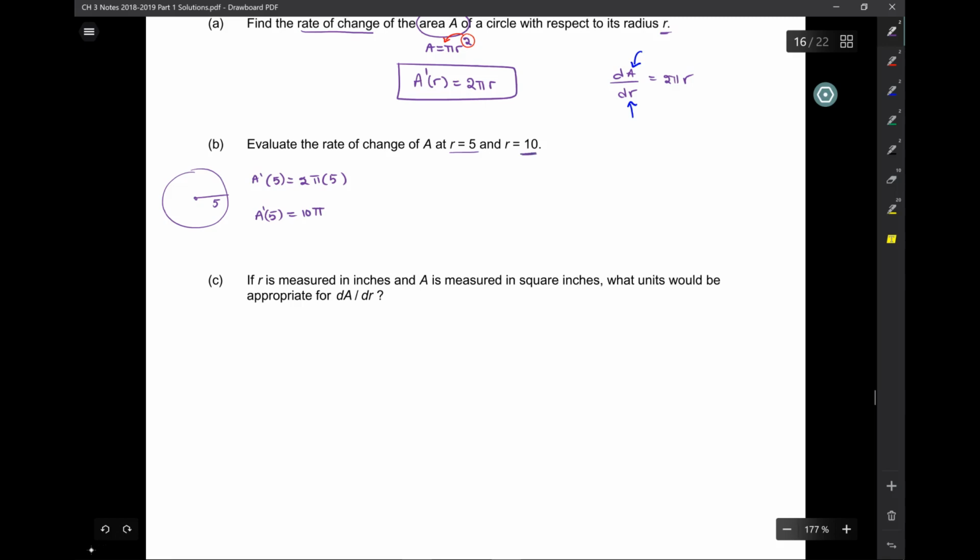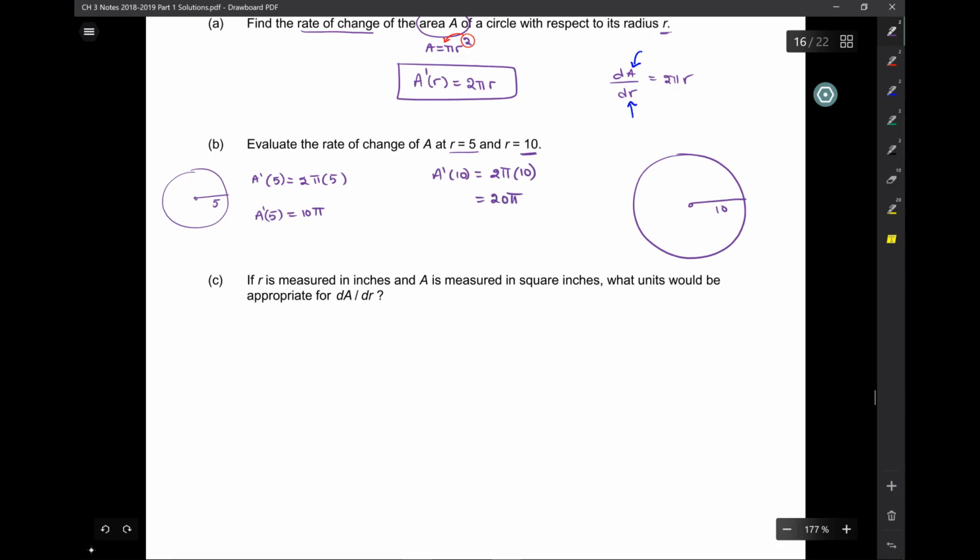And what if r is equal to 10? Now we have a bigger circle. A prime of 10 is equal to 2 pi times 10, 20 pi.